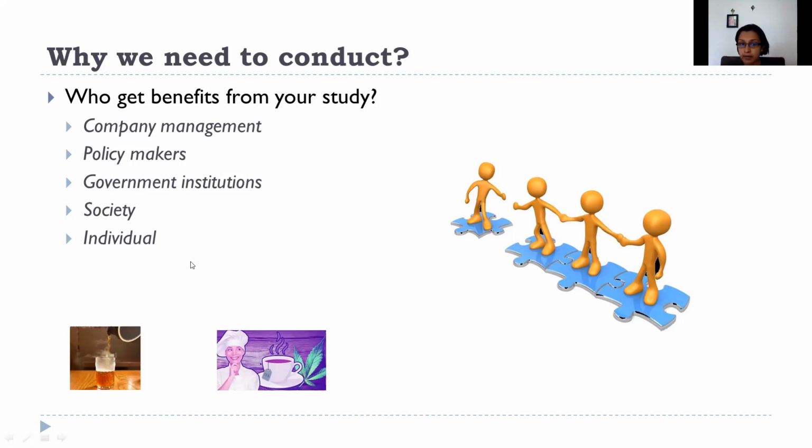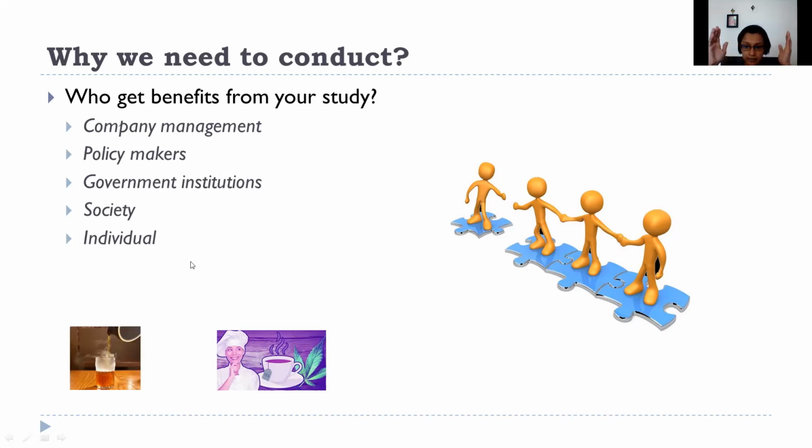Everything is there, right? And individual wise, when we consider the challenges faced by employees while engaging with the work from home concept, if we identify those challenges and the organization puts in some remedies to overcome them, individual employees get the benefit from that, right? They no longer face the challenges.